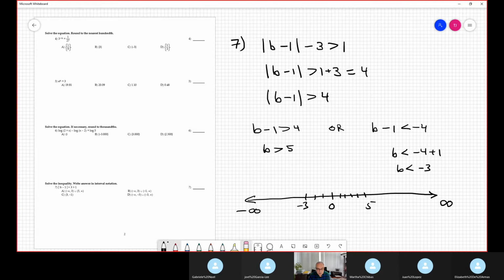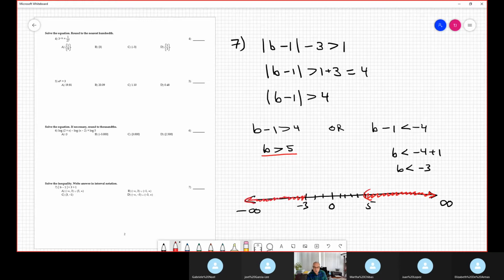This piece is greater than 5, not including 5, it's that part. And the way to indicate the behavior at the endpoint is parenthesis because we have no equal here. And negative 3, less than, is another direction.